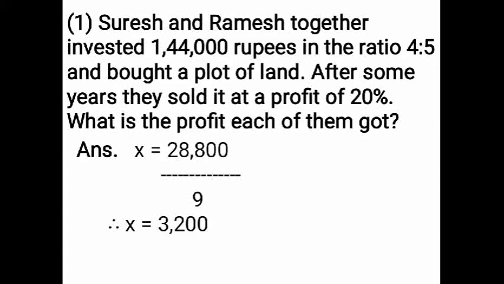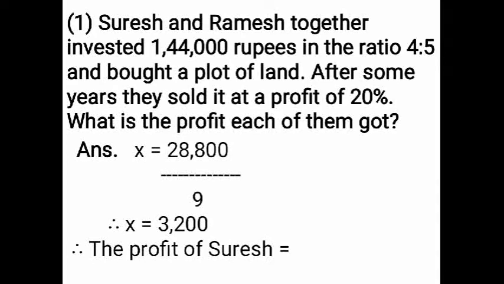You have to substitute the value of x in Suresh's profit and Ramesh's profit. The profit of Suresh is equal to 4 into 3,200. The profit of Suresh I have taken as 4x. You have to substitute the value of x, that is 4 into 3,200. Multiply it. Two zeros you have to write as it is. When you multiply 4 into 0, any number multiplied by 0 is 0.